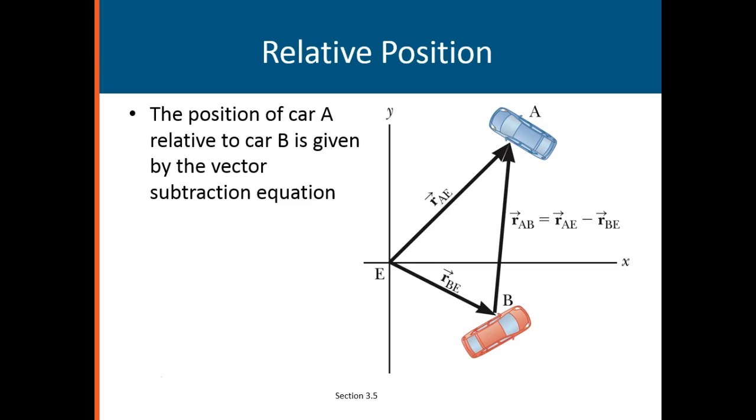RBE, and then you get this vector here, which is the same as that vector. So they do work out either way. But again, I prefer to add than to subtract vectors. Vector subtraction always gives me fits.